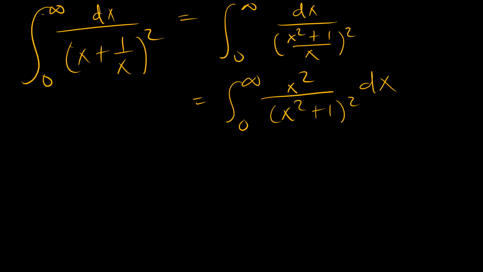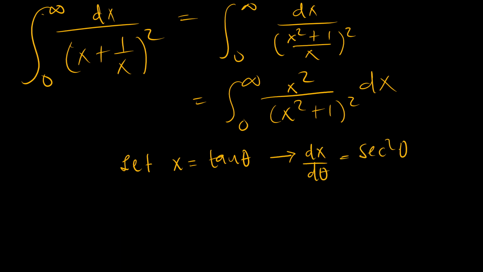And then let's use a trigonometric substitution. We say let x be equal to tangent of theta, such that dx d theta is equal to sec squared theta, and so we can substitute for dx with sec squared theta d theta.